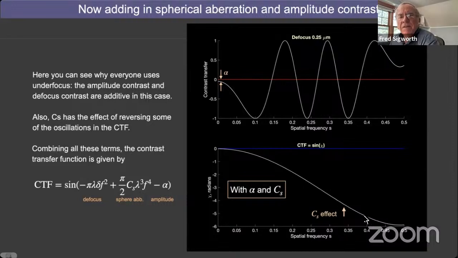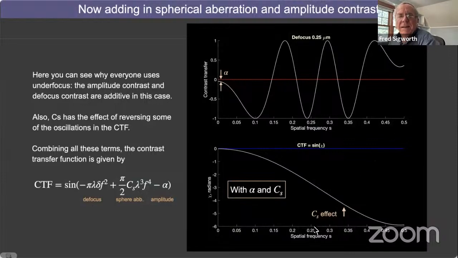And then at high spatial frequency, we have the effect of the CS term that actually starts to reverse and is going to make the chi function start to move in the other direction. So altogether, this is what the CTF looks like. It's non-zero. It oscillates, and then the oscillations switch in direction and start oscillating rapidly in the other direction. So that's what the spherical aberration does to us.